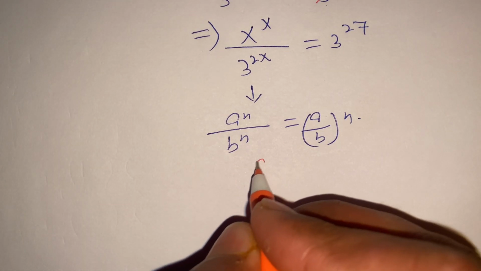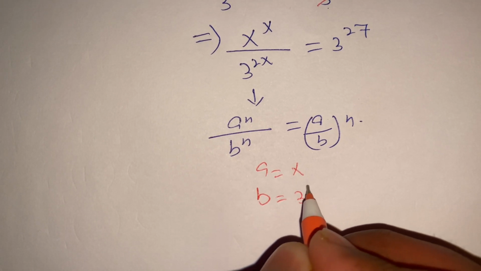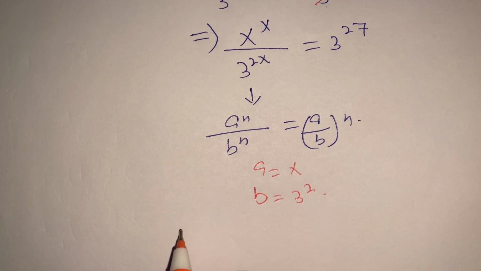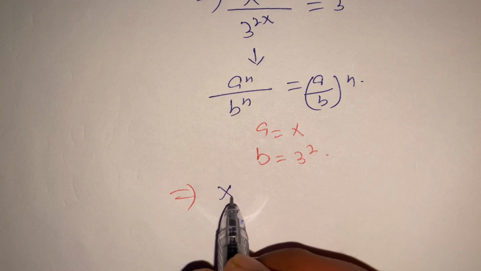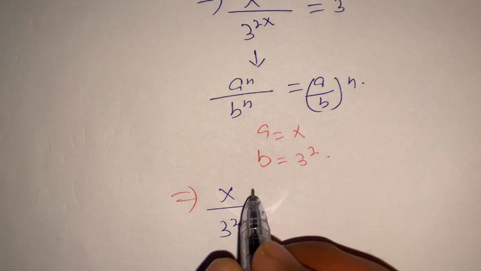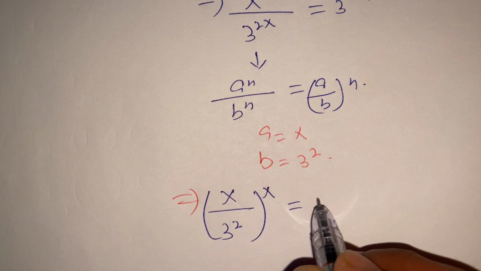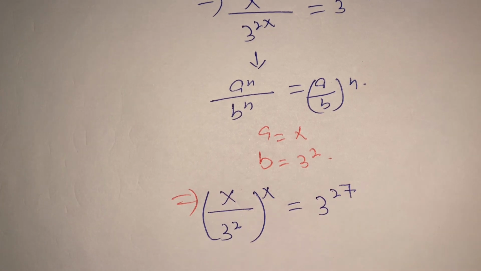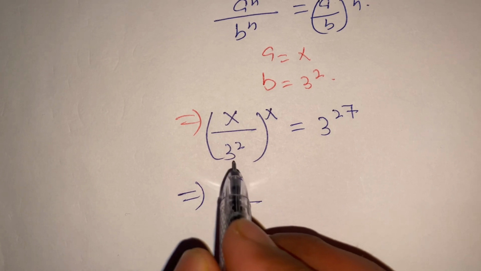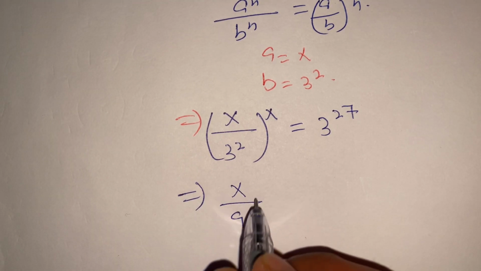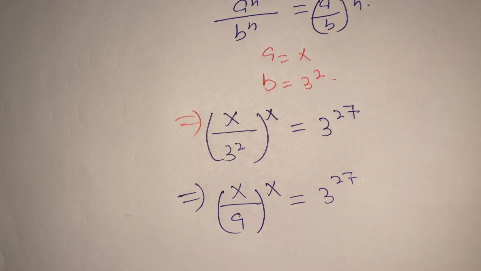We can consider a equal to x and b equal to 3^2. Now it is equal to (x divided by 3^2) whole power x, which is (x divided by 9) whole power x, equal to 3^27.